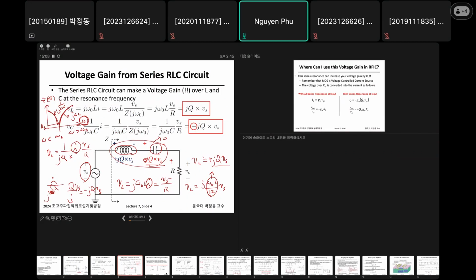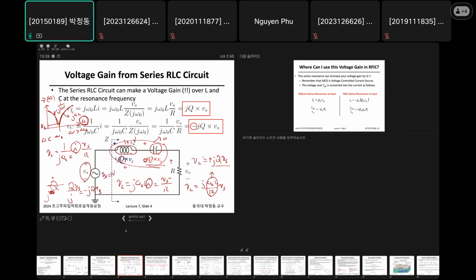This is half of Vs. No. As can be seen here, if you apply Vs, the voltage drop over the inductor is just Q times Vs. If we set Q equal to 100, and this is 1 volt, then this is 100.